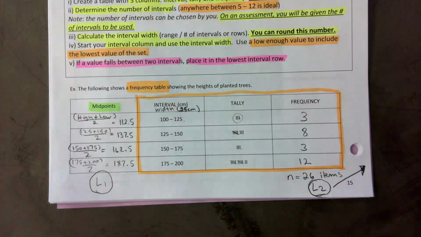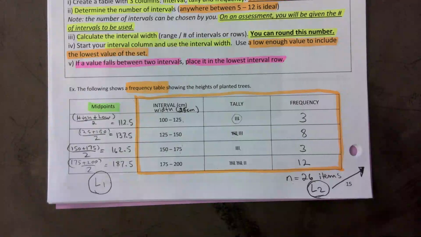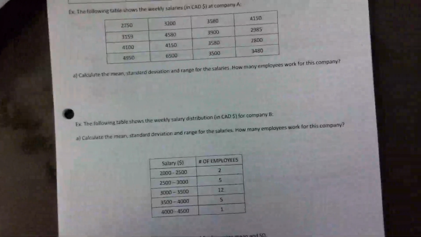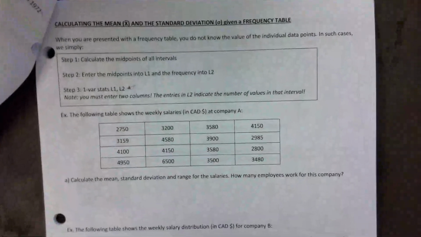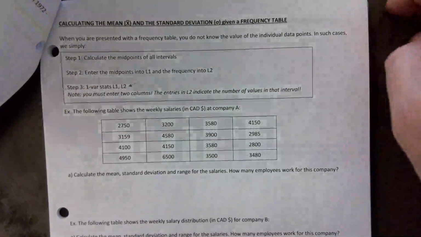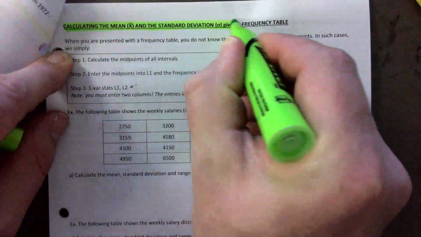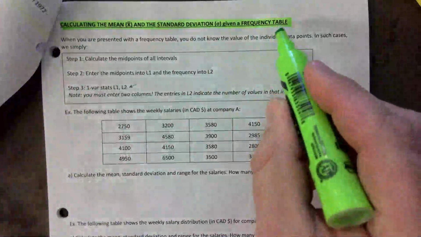We're not gonna do more graphing. We'll do that tomorrow. That'll be page 17 and on. Could you go to page 18 for the remainder of today's class? Go to page 18. And one more time, calculating the mean and the standard deviation given a frequency table.